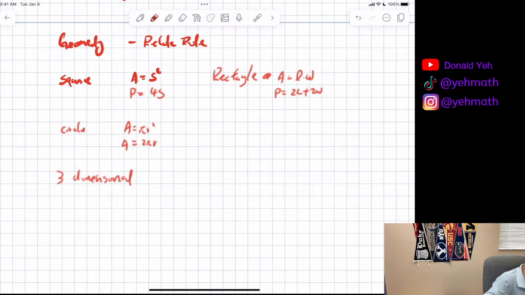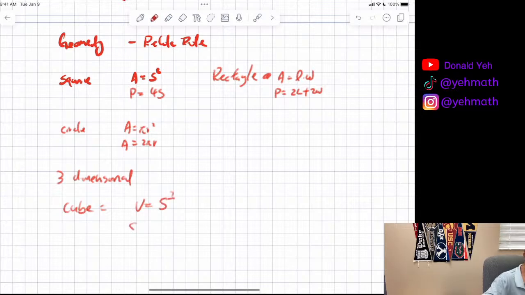Three-dimensional is going to be a cube, right? So cube. What is the volume of a cube? Length times width times height. No, be more specific. Side cubed, thank you.